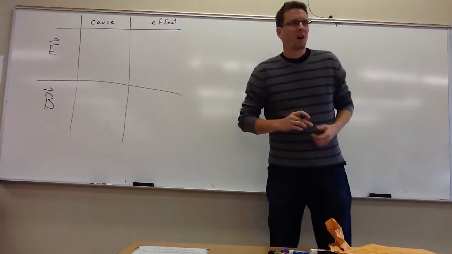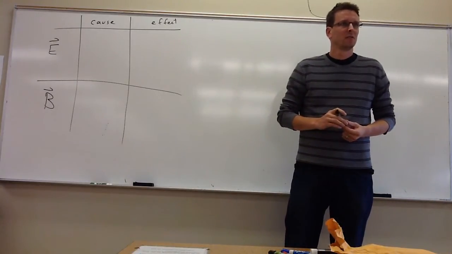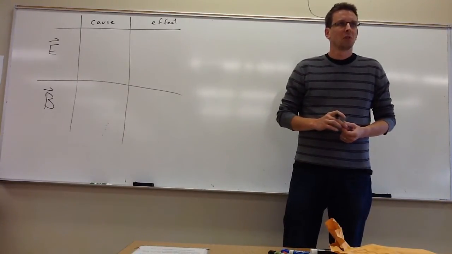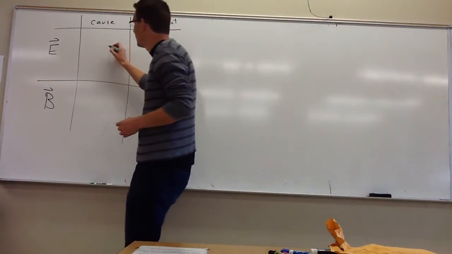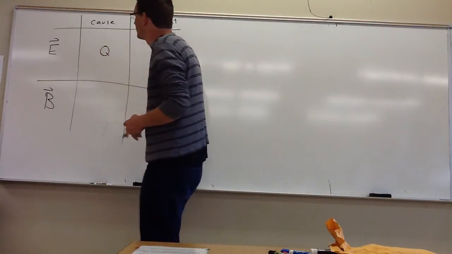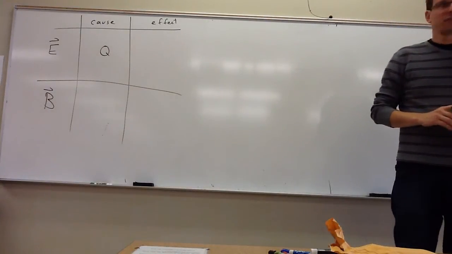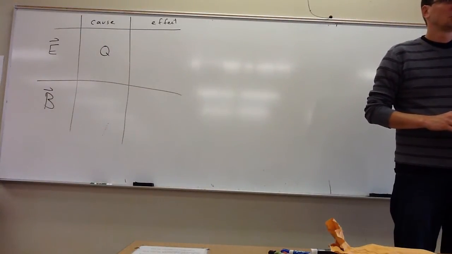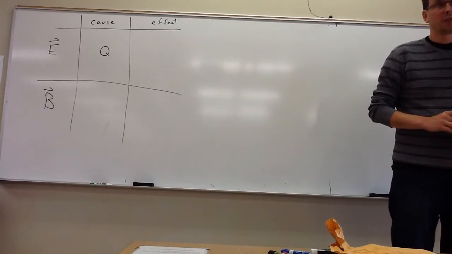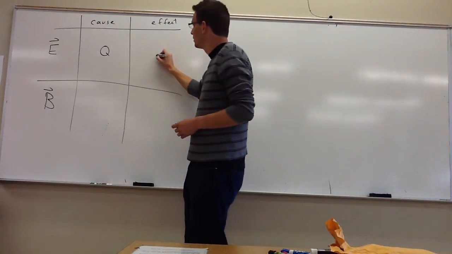So first of all, what was the cause of an electric field? A charged particle. We usually labeled it capital Q, right? And what felt the effects of an electric field? Another charge, which we usually labeled lowercase q.